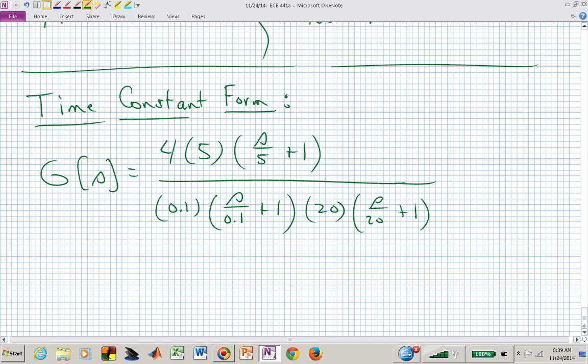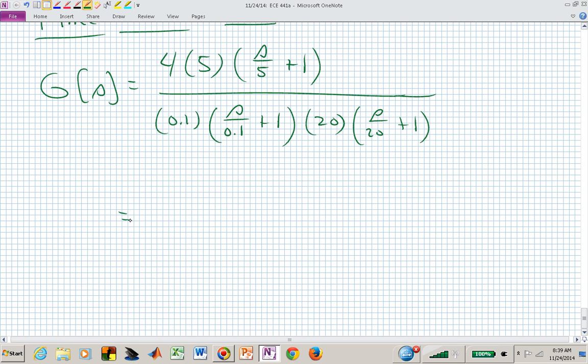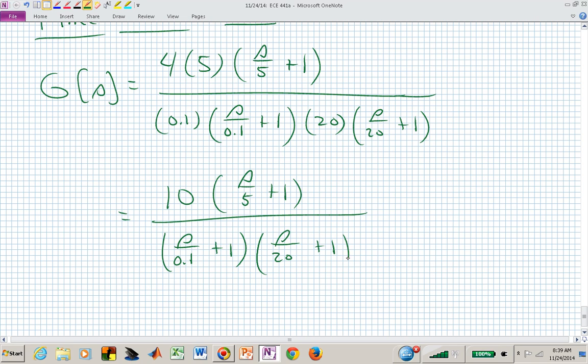And if we clean that up a little bit by simply combining all of our constants, 4 times 5 is 20, and that cancels conveniently the 20 downstairs, and we just have 1 over a 10th, or we now have 10, (s over 5 plus 1) over (s over 0.1 plus 1)(s over 20 plus 1), and that's now our time constant form that we want.